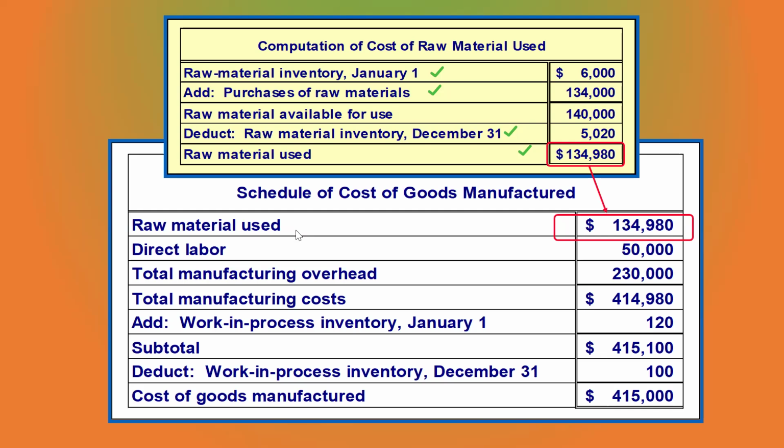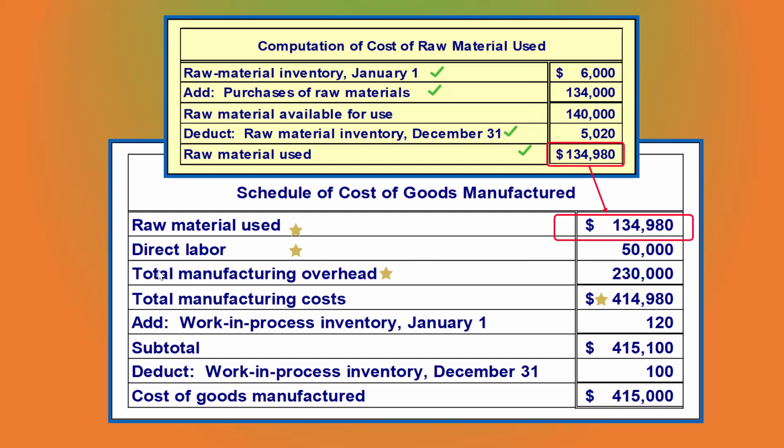Here we have raw material, which is direct material. Then we have direct labor, and then we have manufacturing overhead. By adding all three, we get total manufacturing cost. So the first, most important calculation is to calculate total manufacturing cost.